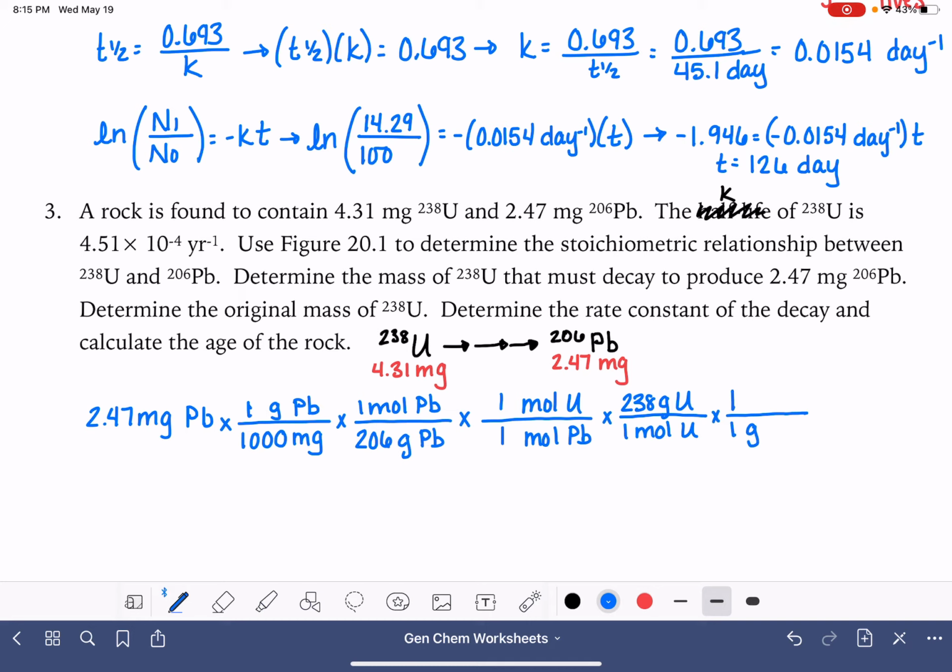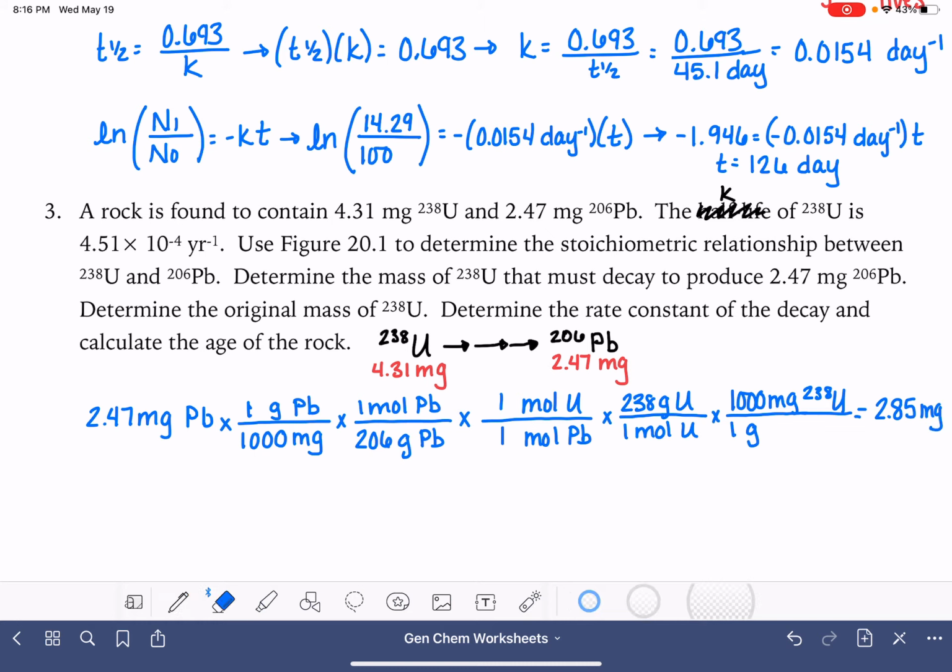1 gram is 1,000 milligrams, and this is going to be the milligrams of uranium-238. And again, it's easy to lose track of what we're actually doing. What we're calculating here is how much uranium has already decayed to turn into that lead-206. 2.85 milligrams.